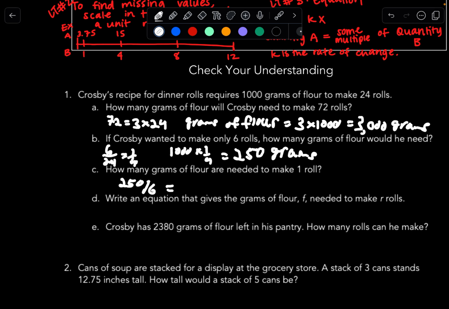That works out to be about 41 2/3 grams.